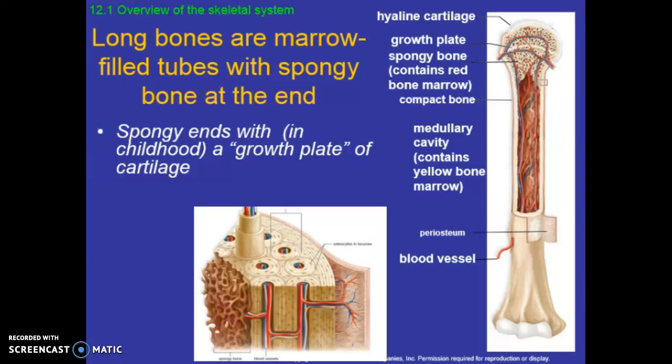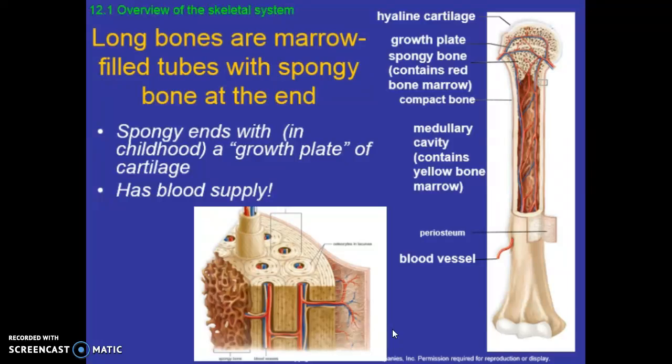All right, spongy bone does not appear to be as organized. If you compare this picture relative to this picture here, not nearly as organized. The bones have their own blood supply, so just like the heart has its own blood supply, the bones also have to have their own blood supply.